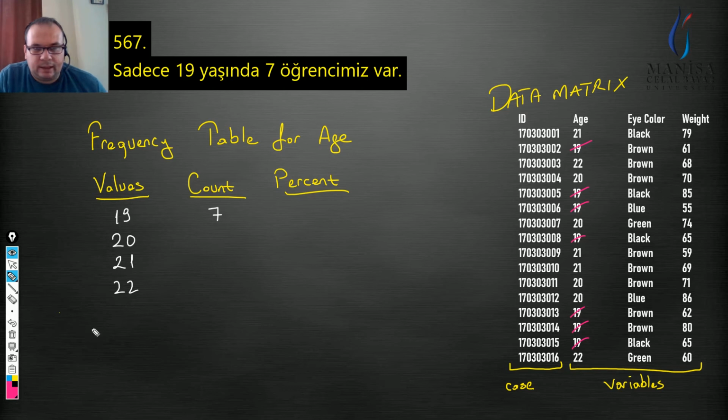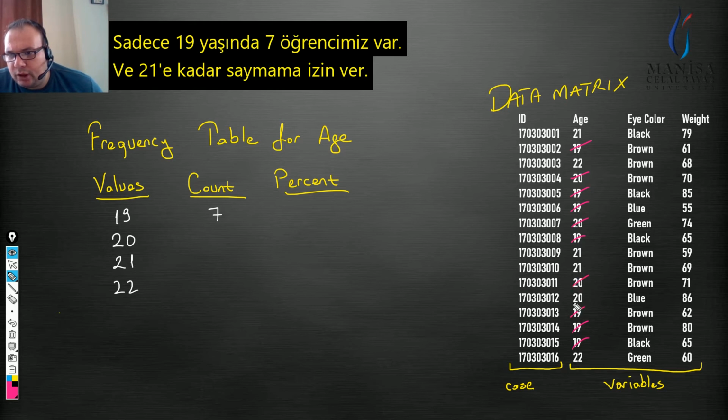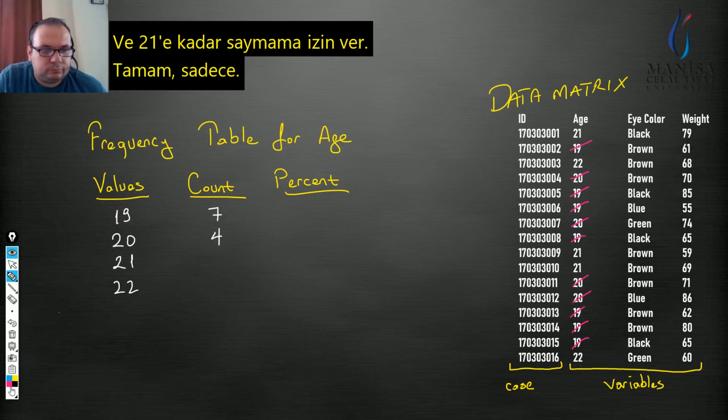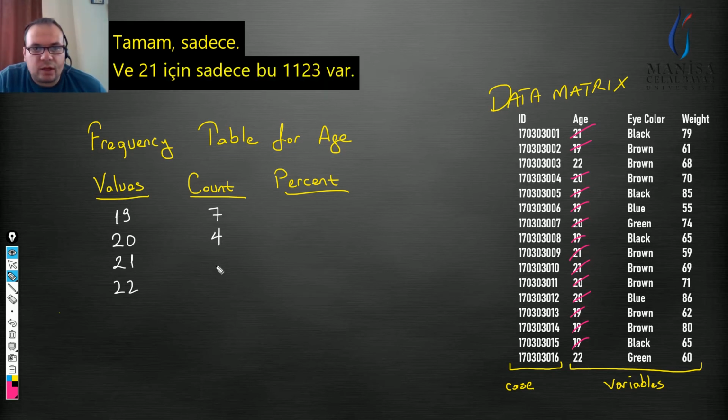Let me count for 20. 1, 2, 3, 4. We just have 4 students who are 20 years old. And for 21, we just have this one. 1, 2, 3, and that's all.